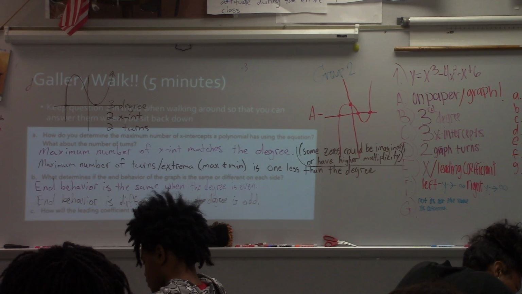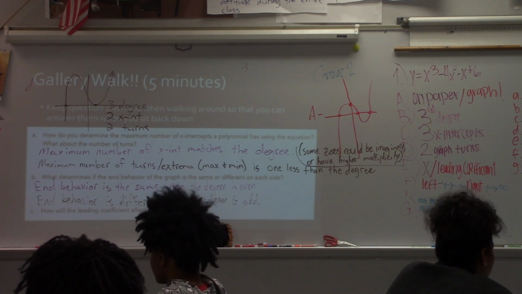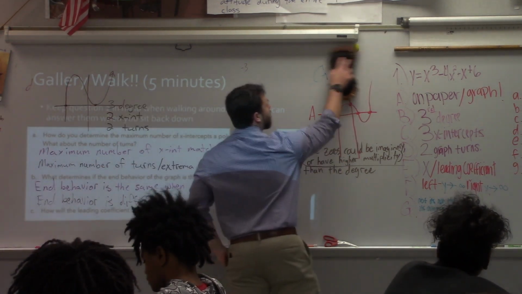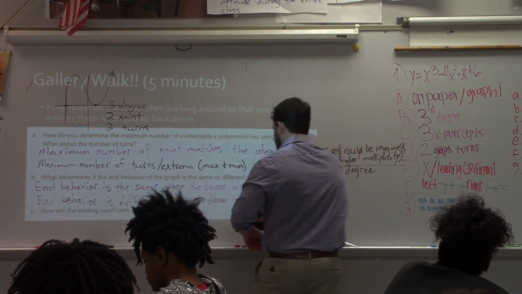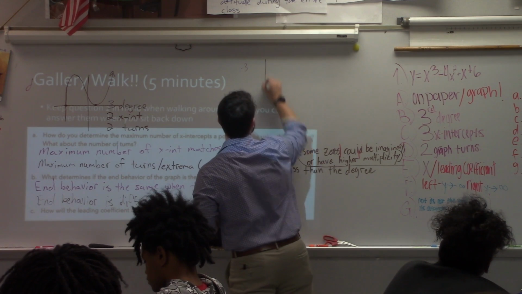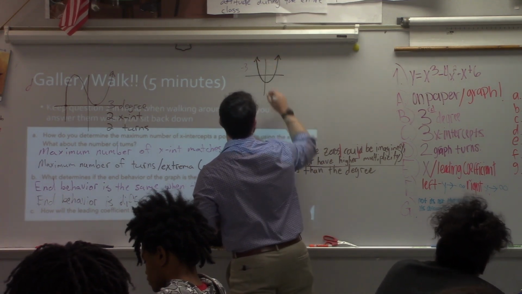Now, we're going to talk about a couple of things before we actually answer C. Actually, here's what I'll do. So I want to point this out. When we look at our end behaviors around the room, if it's even, they could go the same.